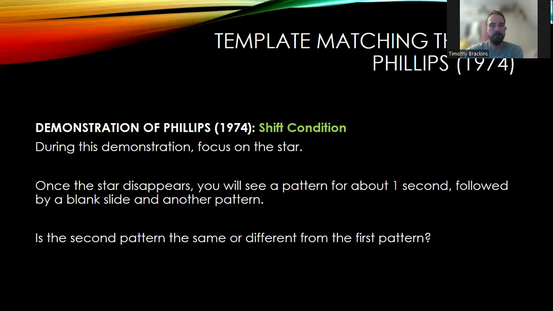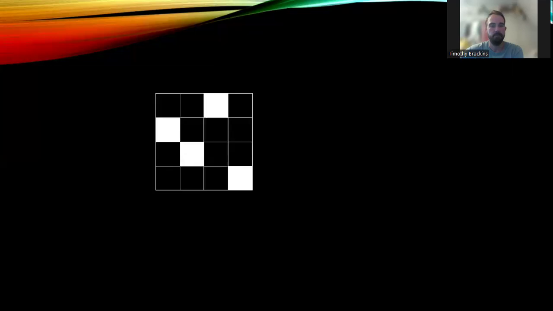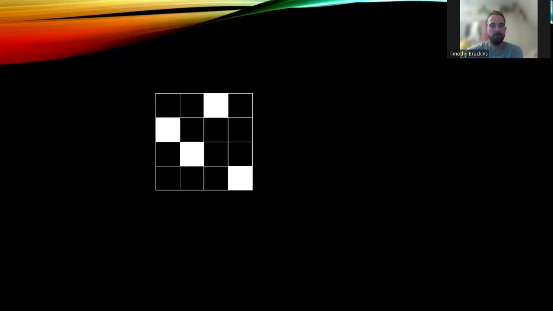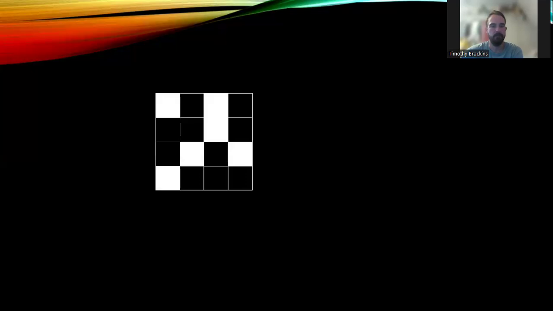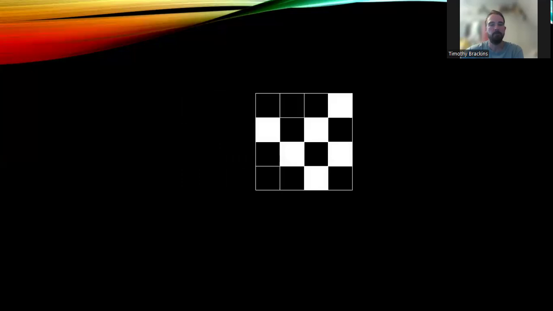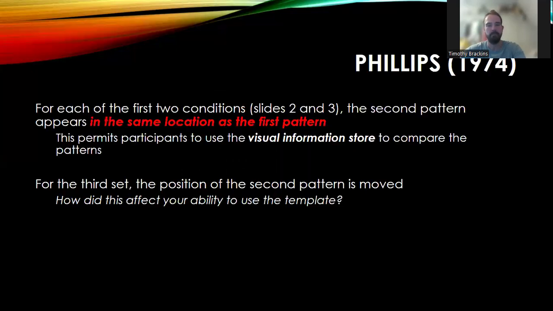Here's the second screen. But essentially what the experiment did was it had the subjects focus on the star, and then it flashed this on the screen, and then it flashed this on the screen, while the star is there the whole time. And then off to the right, it flashed it over to the right. So the first two were on the left, the second one was on the right. And for each of the first two conditions, so the first two squares, the pattern appears in the same location.